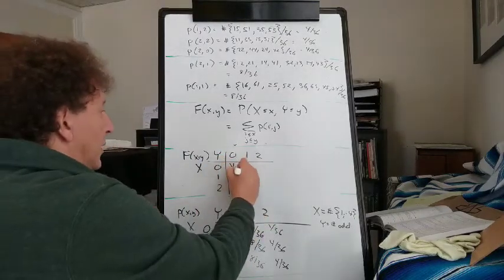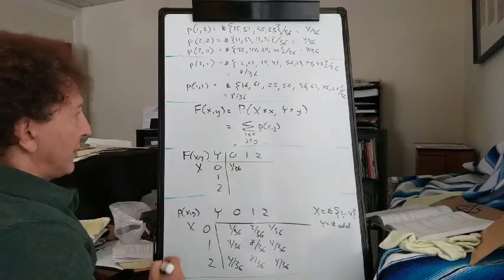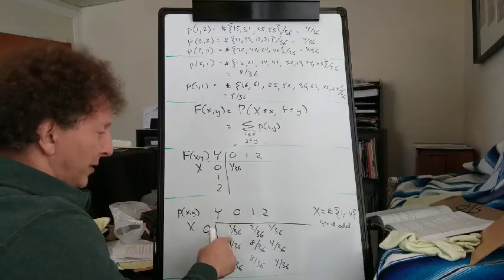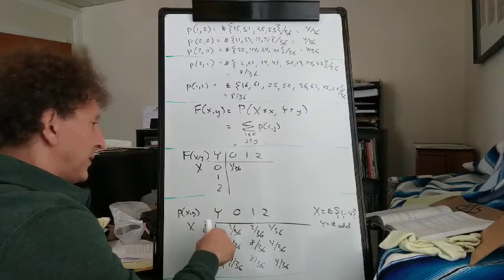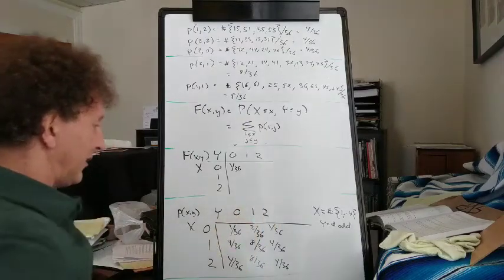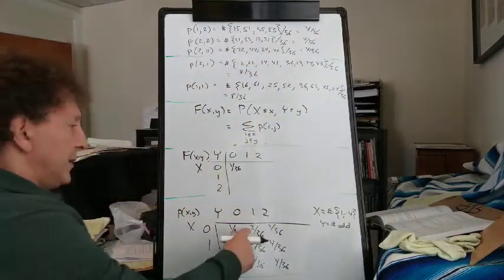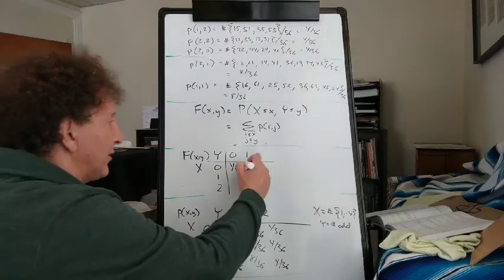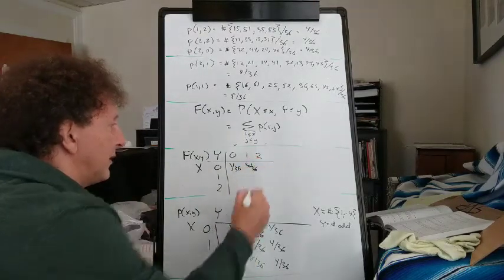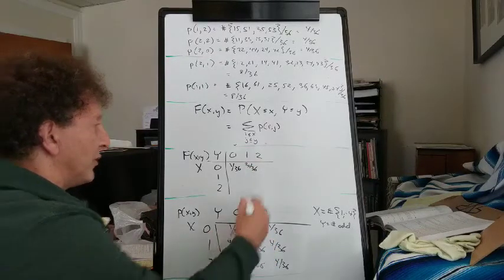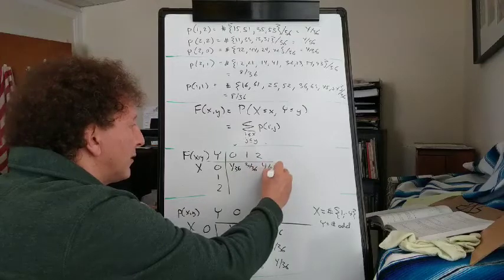Alright, so start with 1 over 6 because the only way to get fewer than or equal to 0 numbers in this range and 0 or fewer in that range is to get exactly 0. Then for the 0, 1 entry we take 2 over 36 plus 1 over 36 and get 3 over 36. And for the 0, 2 entry we get 1 plus 2 plus 1, so 4 over 36.